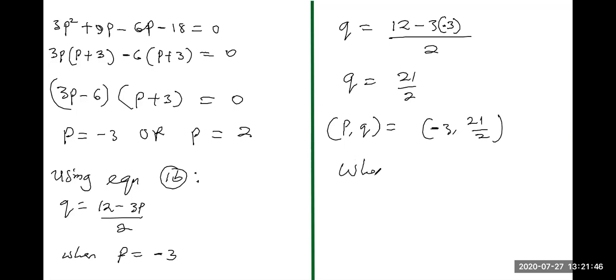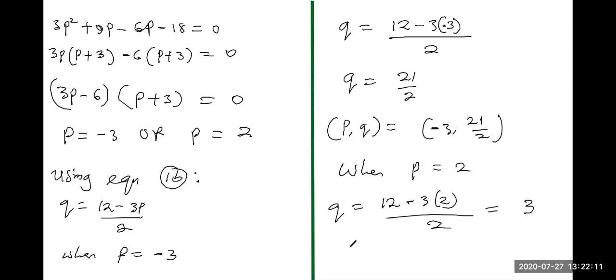So when p is equal to 2, using the same equation 1b, our q will give us 12 minus 3 into 2 over 2. And that will give us 3. Because this will give us 6, and 12 minus 6 is 6, and 6 divided by 2 is 3.